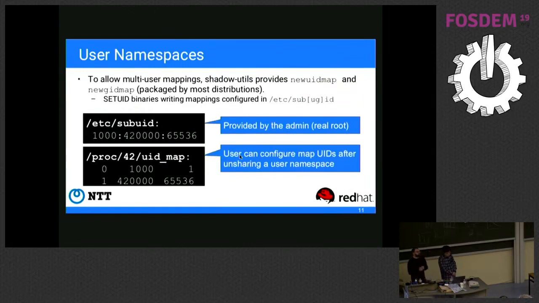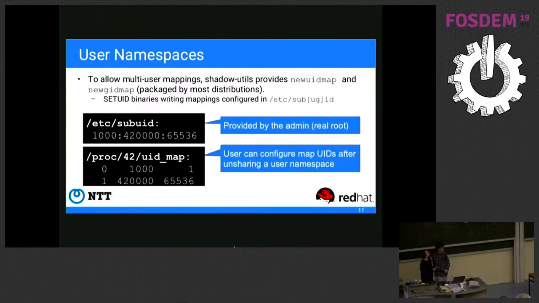For allowing multiple UIDs, we use two tools distributed by Shadow-utils, newuidmap and newgidmap. This allows an unprivileged user to map multiple IDs inside of a user namespace. The configuration for the multiple IDs is done through the /etc/subuid file.